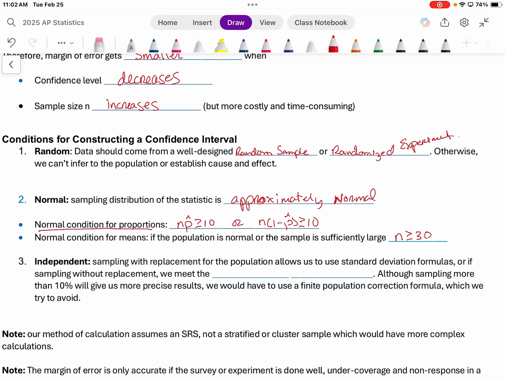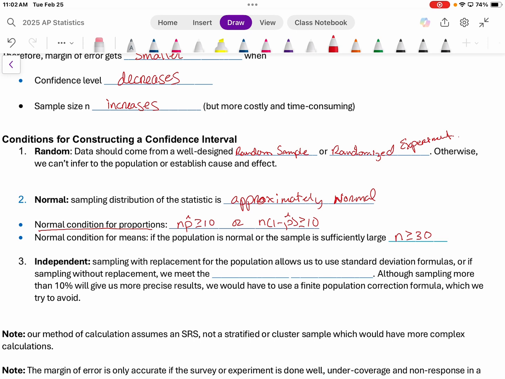No. But if they tell me it's approximately normal and my sample size is 22, I'm okay to go ahead and do it. When we get into chi-squared stuff later on, there's some extra stipulations. And even after spring break with the means, there's a couple extra stipulations when it's a lot smaller than 22, when it's in the teens or below. There's some other stipulations we have to look at.